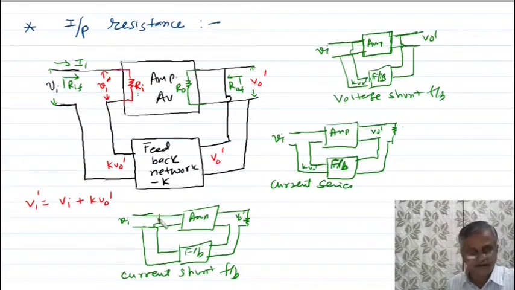So in voltage shunt feedback and current shunt feedback, input resistance decreases. Remember, for MCQ purpose, 1 mark question: for voltage shunt feedback and current shunt feedback, input resistance decreases. It is in parallel. For voltage series feedback and current series feedback, input resistance increases.